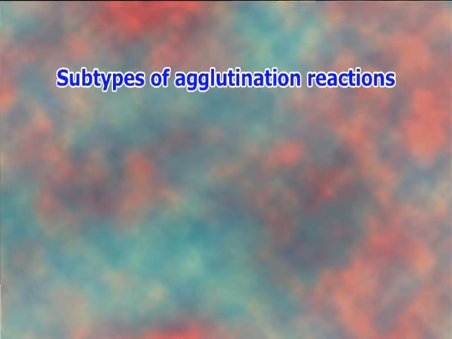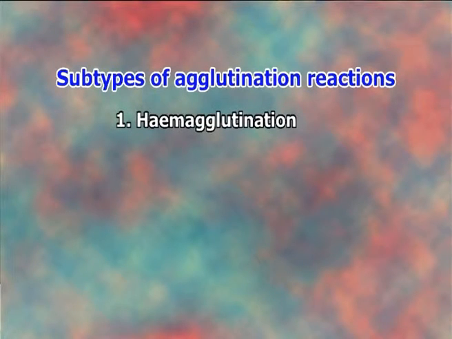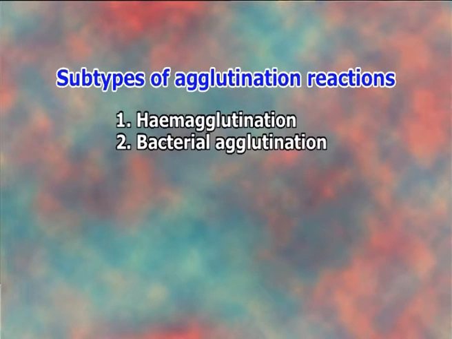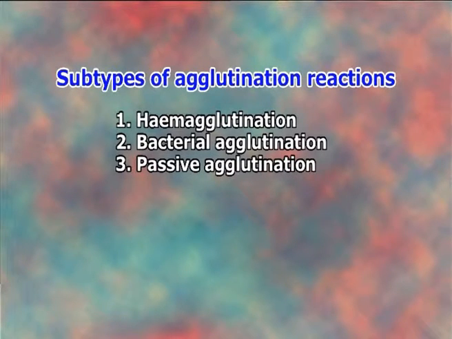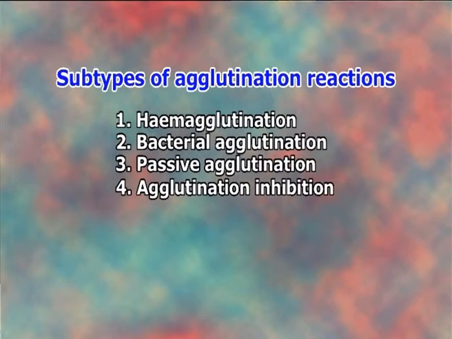Antibodies that bind univalently cannot cross-link one antigen to another. Prozone effects are readily diagnosed by performing the assay at a variety of antibody or antigen concentrations. The subtypes of agglutination reactions are heme agglutination, bacterial agglutination, passive agglutination and agglutination inhibition. Now, we will discuss each of them in detail.